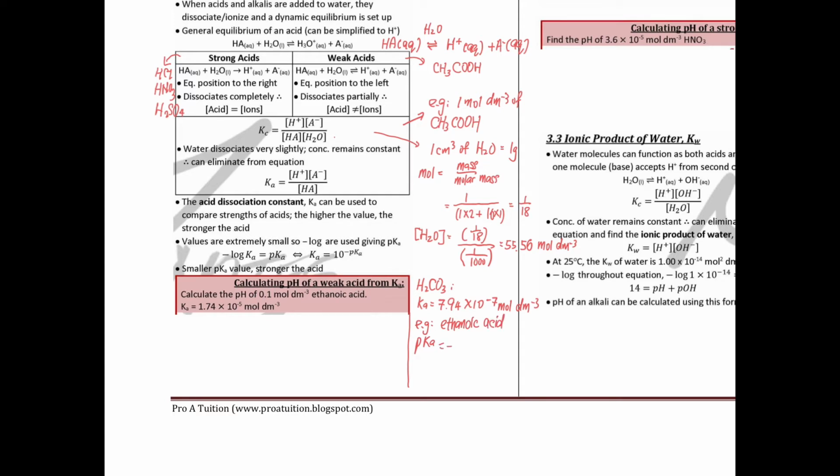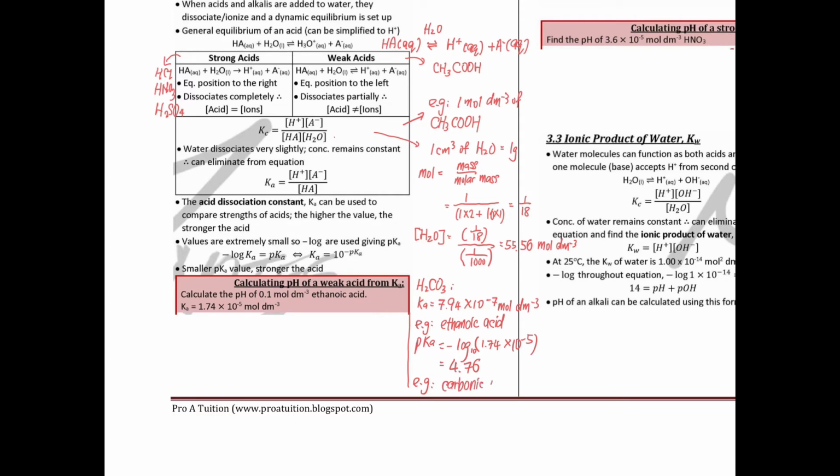We negative log the Ka of ethanoic acid, which is 1.74 times 10 to the power of -5. So we negative log the value, and after that you get a value which is easier to read. So you will get 4.76.